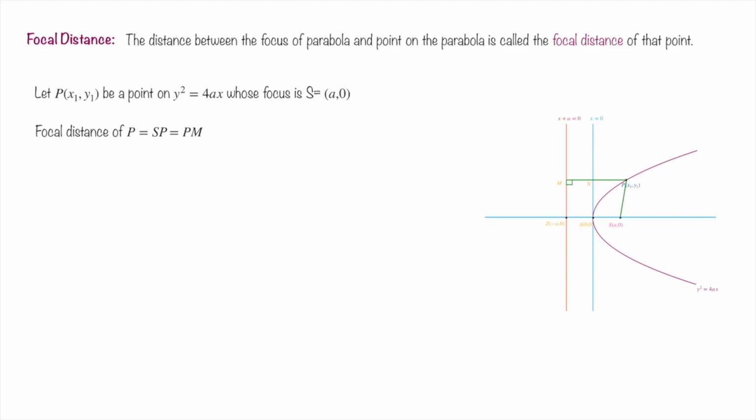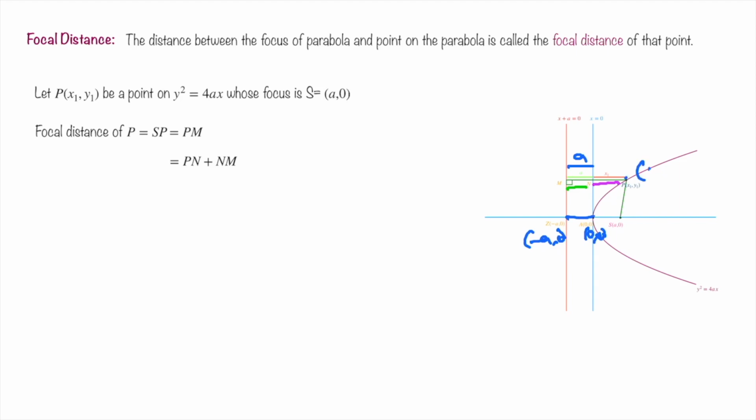Okay, and you can see that PM is actually equal to PN plus NM. See? So this PM total we can see as PN plus NM. Now you can see this PN equal to x1 and MN equal to a. This is equal to a because here this is the point minus a comma 0. This is 0 comma 0, right? So this distance is going to be a.